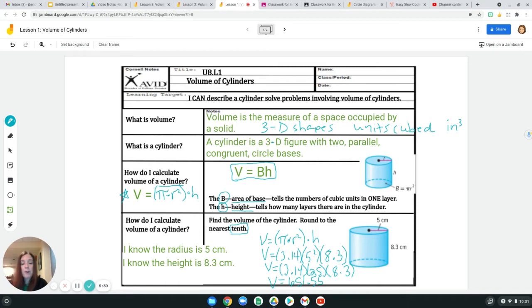But remember, my problem said round to the nearest tenth. So because it's a 5 after the tenths place, my volume becomes 651 and 6/10 centimeters cubed. Let's try another.